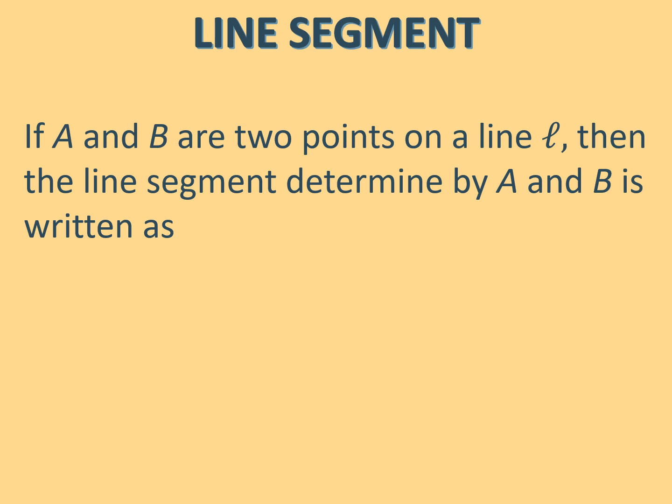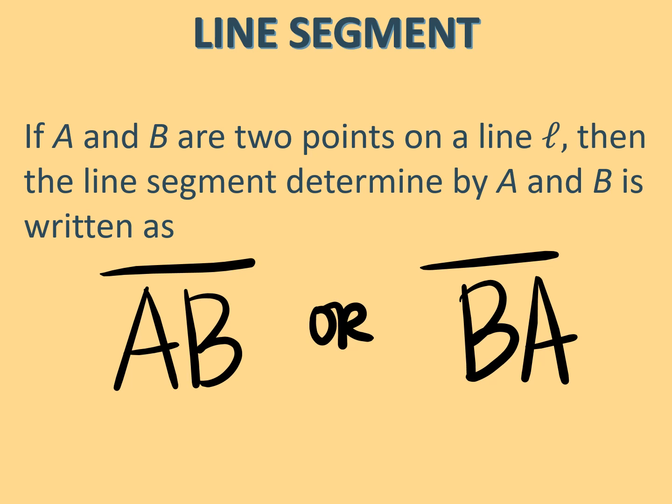It says, if A and B are 2 points on a line L, then the line segment determined by A and B is written as AB with a line over it, notice there's no arrows, or BA with a line over it, no arrows. So again, the order doesn't matter here. You're talking about a line segment. It's going to be the same length whether you go from A to B or from B to A. A and B are the endpoints of that line segment.